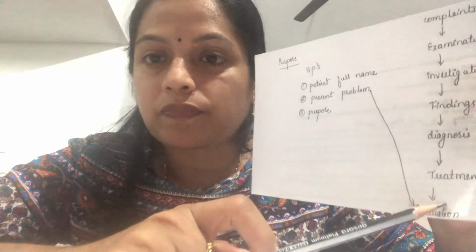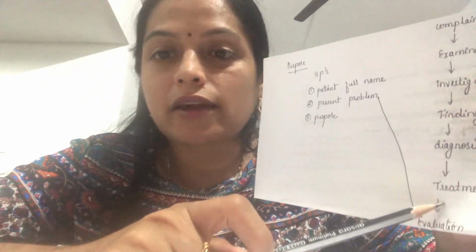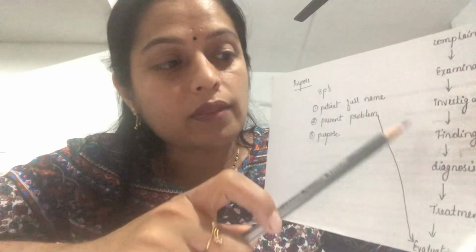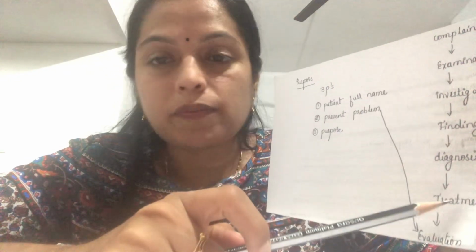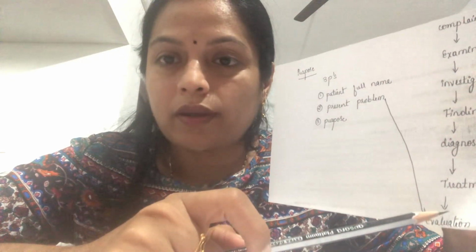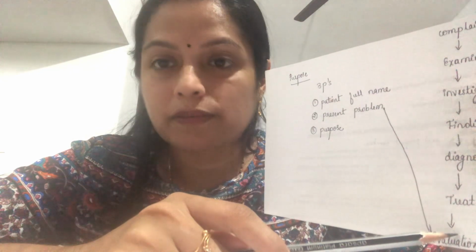Okay. So suppose here in the evaluation, the condition is not recovered. Okay, they have diagnosed, treatment started, given also, but the recovery is not satisfactory. Okay, that time we can decide that the condition is worsened.